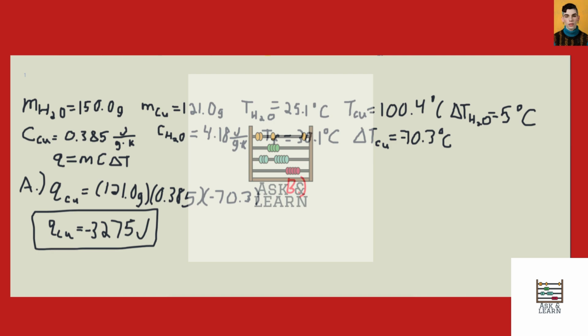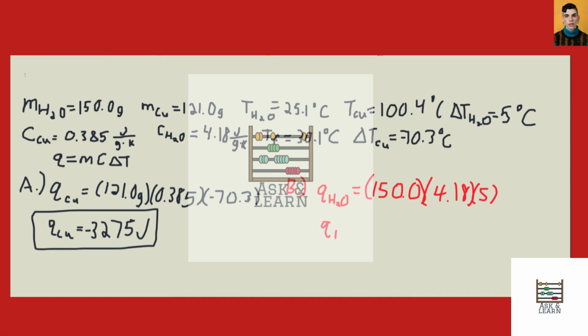So Q H2O is equal to 150 grams times 4.18 times delta T, which is going to be 5 degrees Celsius.